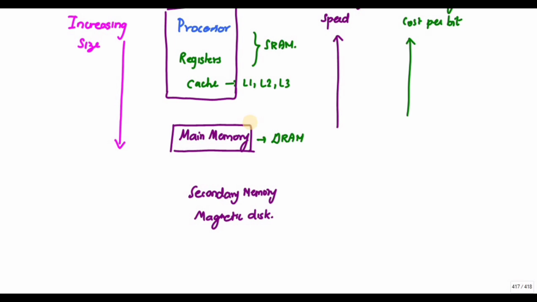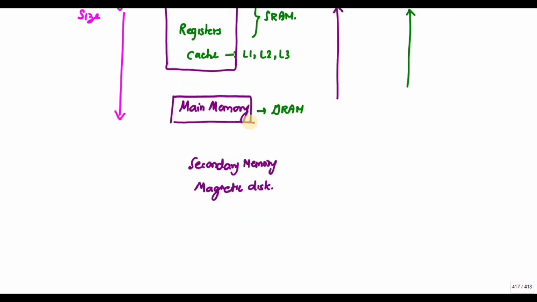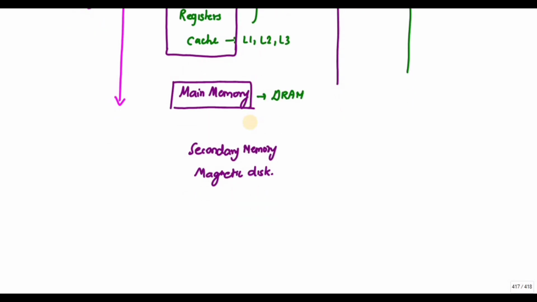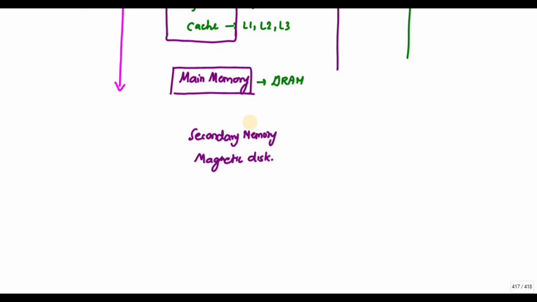The processor registers are at the top in terms of the speed of access. And if you see the cost, magnetic disk secondary memory is low cost.